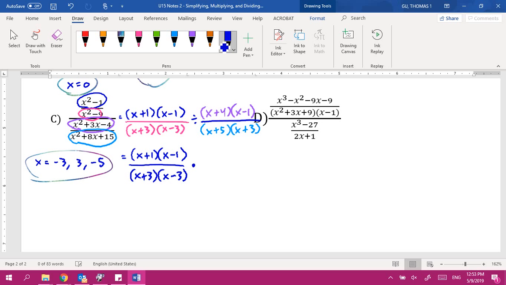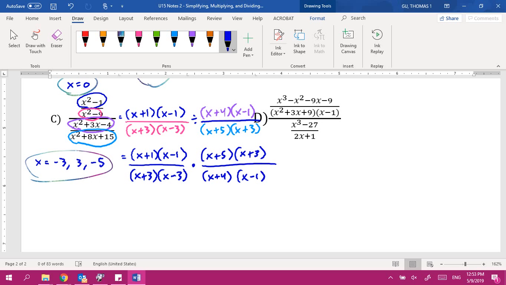Times, right? Times and then? Right, x plus 5 times x minus 3. We're just flipping the second fraction now over? Right, there we go.